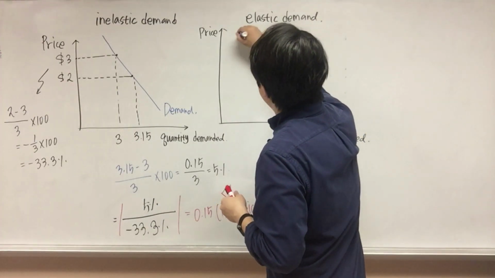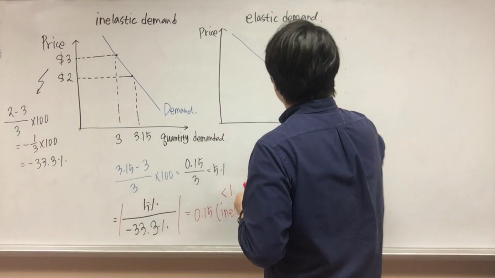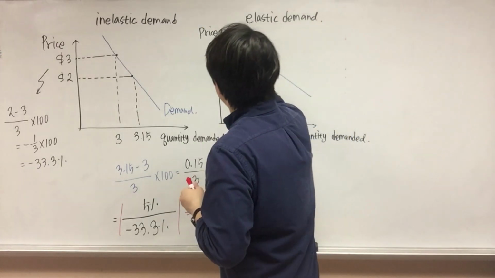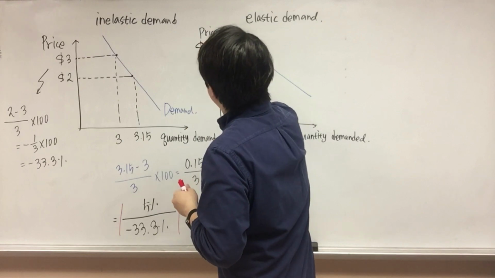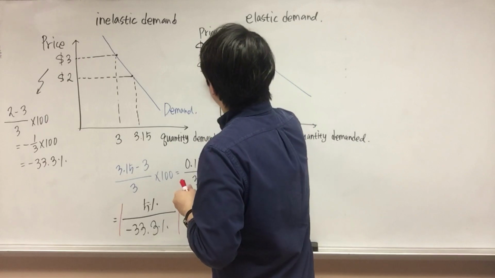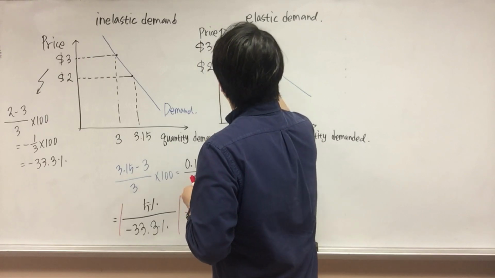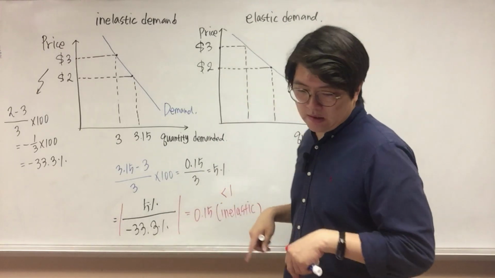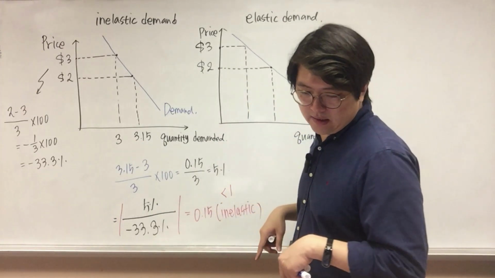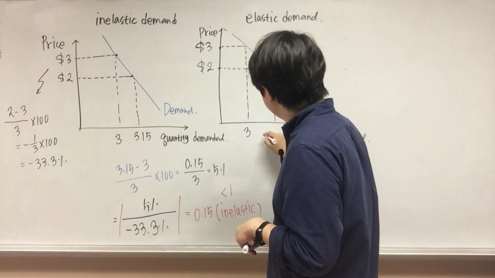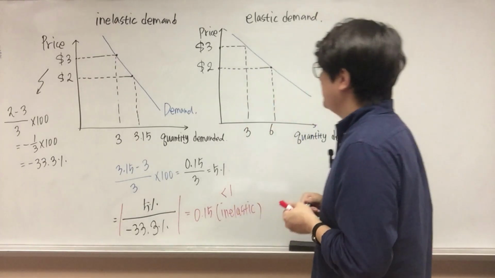But elastic demand has a less steep slope, just like this. And what happens? The price changes to $2, and the quantity demanded changes from 3 to 6.